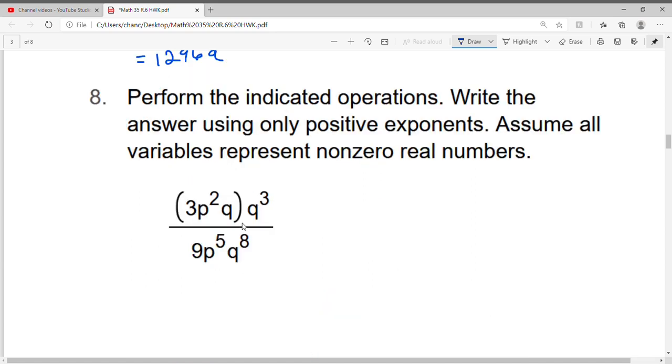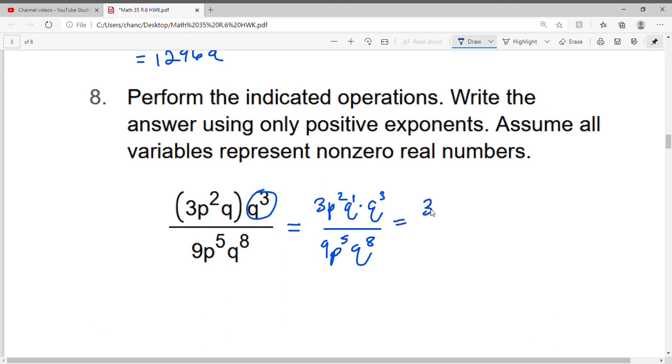For question 8, let's rewrite this using only positive exponents. So let's distribute this cubed to this left side expression. We have 3p squared q times q cubed over 9p to the 5th q to the 8th. I'll deal with the top first. This is an exponent of 1.